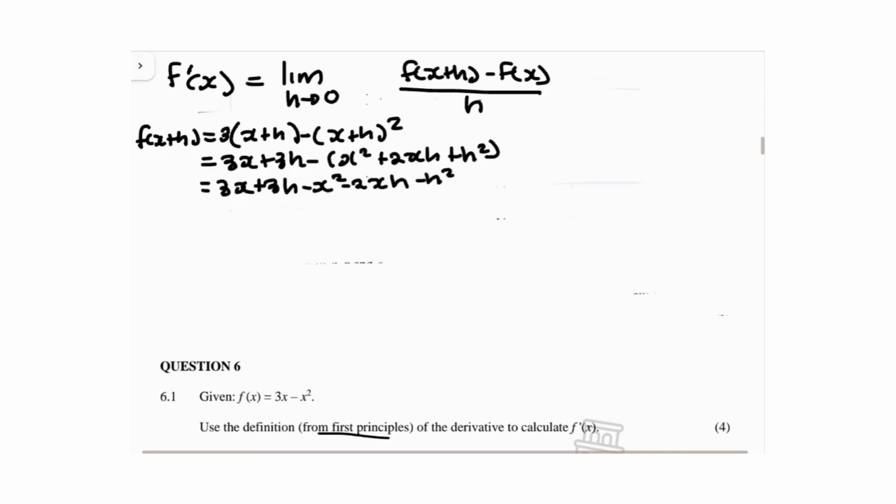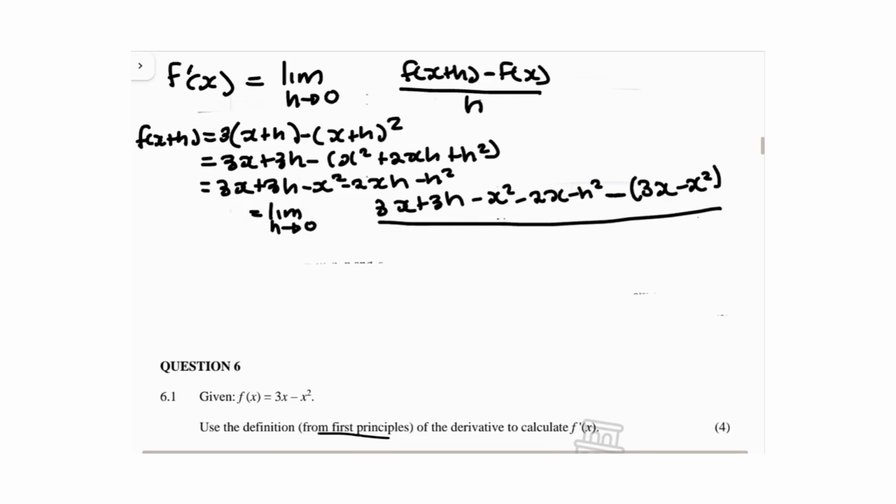Now we go back to our formula: the limit as h tends to 0 of [3x + 3h - x² - 2xh - h² - (3x - x²)] all divided by h, where 3x - x² is the original function f(x).